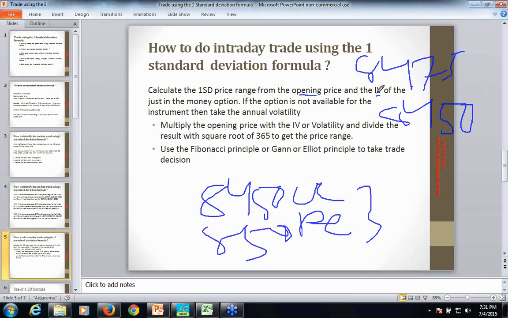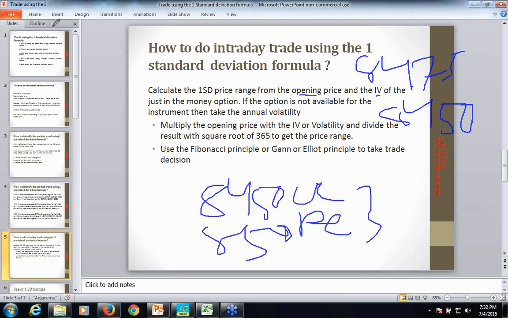Once you take that, multiply the opening price with the IV or the volatility and divide the result by the square root of 365, so that you get the price range. Why have I taken the IV? Wherever IV is not available, you have no other choice, so you have to take the volatility. The implied volatility of an option is nothing but the volatility the traders want to give to that instrument.